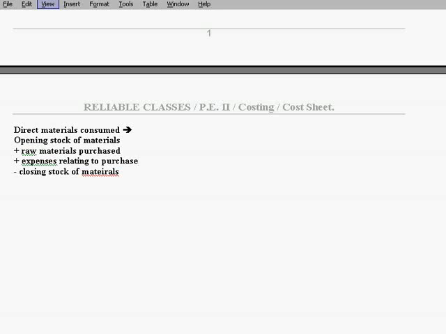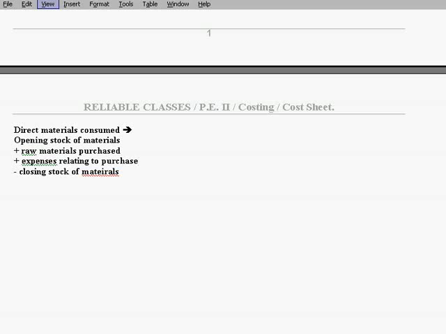Obviously, while valuing closing stock, these expenses are also included. Opening stock also must already be including the proportionate expenses relating to purchase. Is that fine?